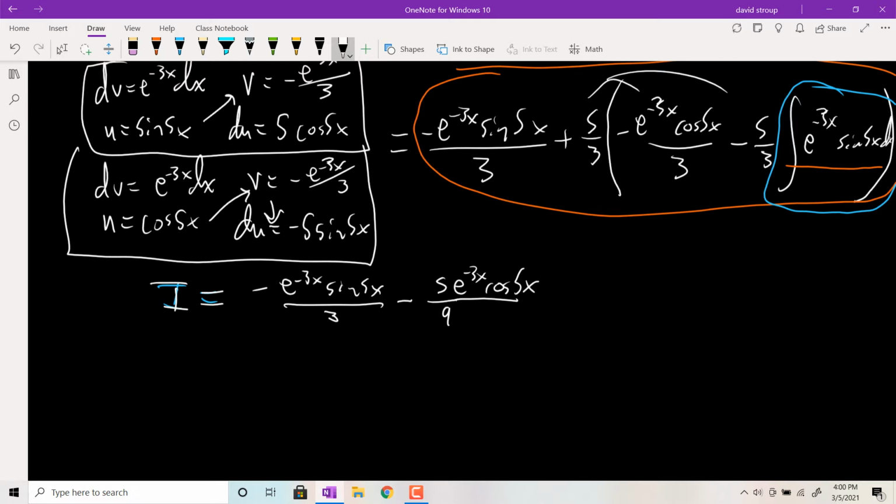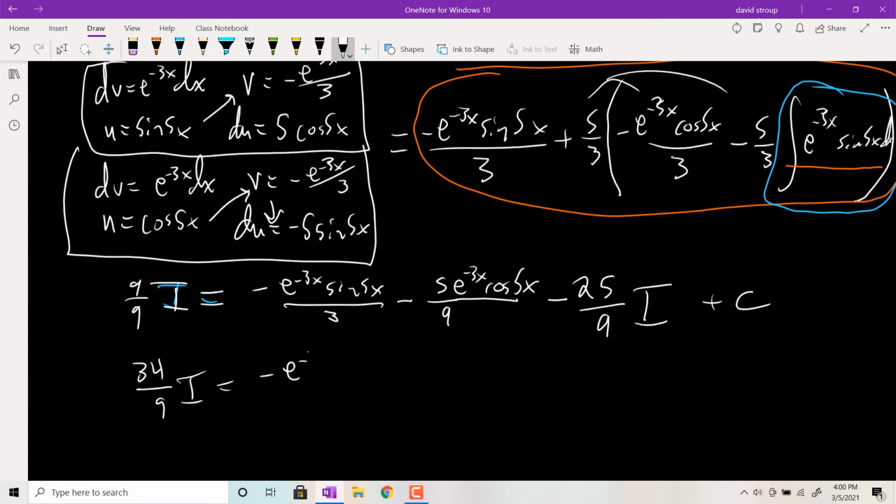And then minus 25/9 I. Right? And then there's a plus C eventually. Okay. So move the minus 25/9 I to the other side. Common denominator, 9/9 plus 25/9 is 34/9. I equals all this stuff.